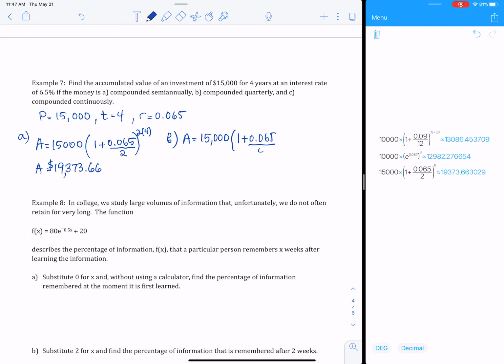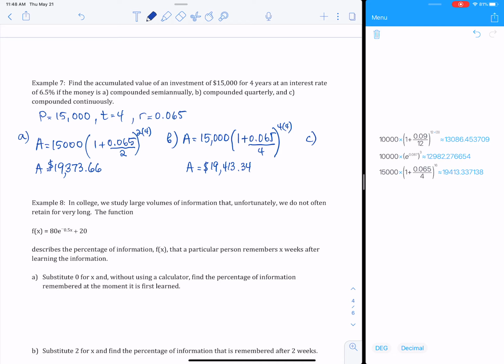That means divide by 4, power by 4 times 4. This case is going to yield $19,413.34.